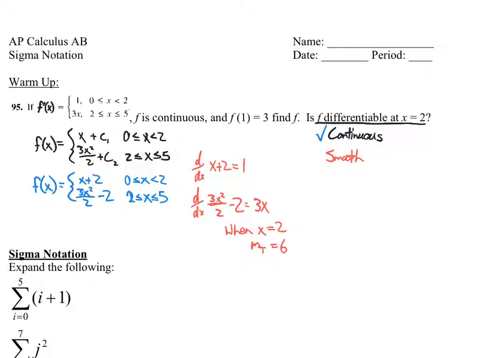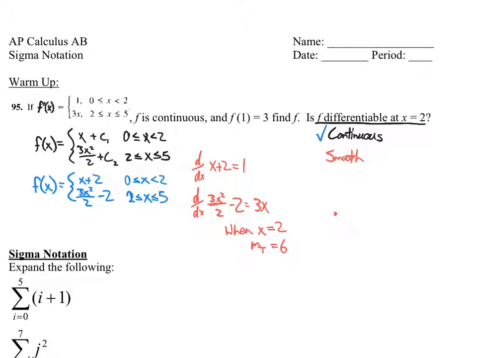Wait, but why do we need to do this? Well, the reason is because if it's going to be smooth, which is what's required for it to be differentiable, then the slope from one side has to equal the slope from the other side.